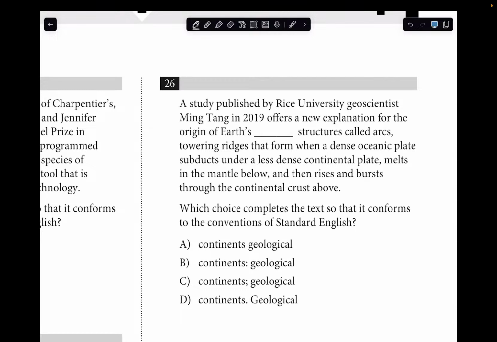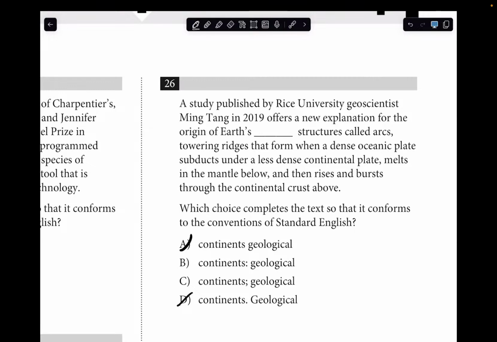So I definitely think you need some punctuation there to separate it out. So A is definitely out. And then D, geological structures, that's not a grammatically correct sentence.